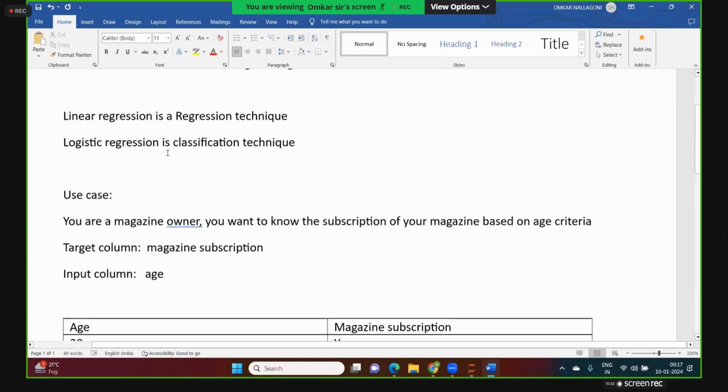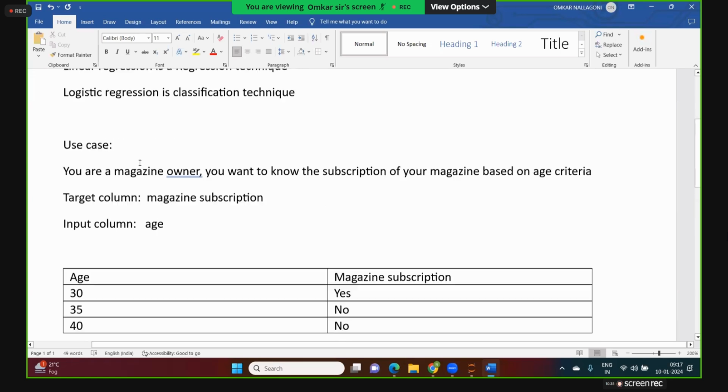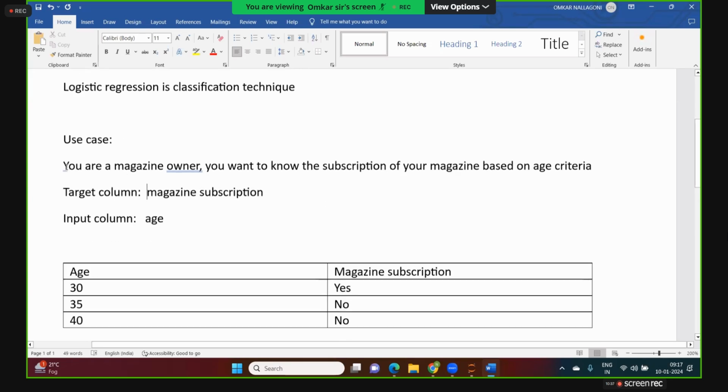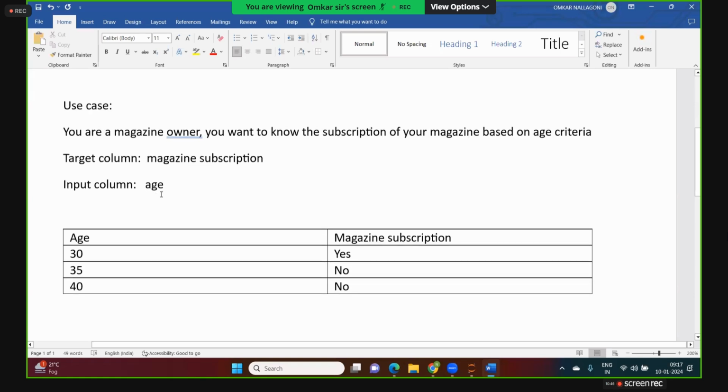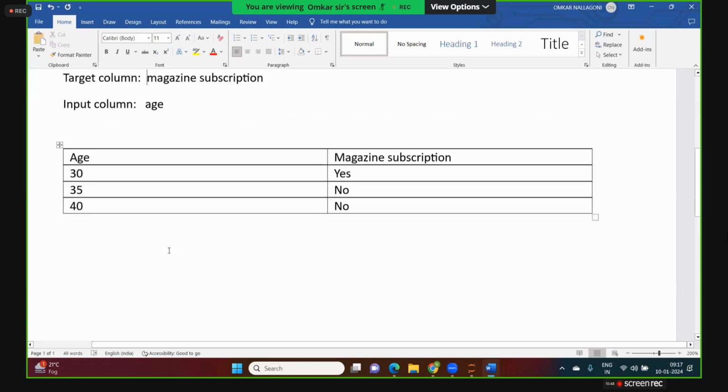So logistic regression we are dealing with, the use case we have written is: suppose you are a magazine owner, you want to know the subscription of the magazine based on the age criteria. So the target column is magazine subscription and the input column is equal to age. Now you don't know any classification problem. Assume that you know only linear regression, and that is true only, right?